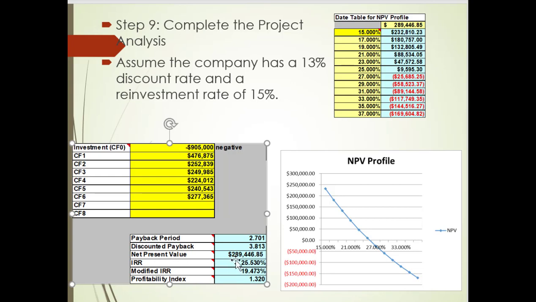And you see the net present value is $289,000. Internal rate of return, 25%. So those are all, if we have a discount rate of 13%, reinvestment rate of 15% for the MIRR, we say that this is an acceptable project almost across the line.